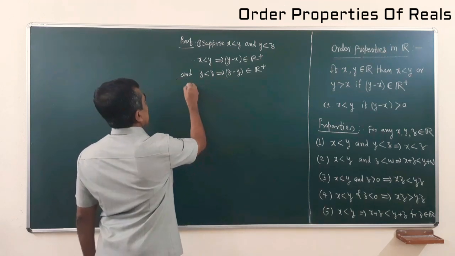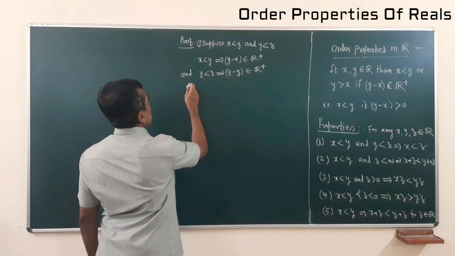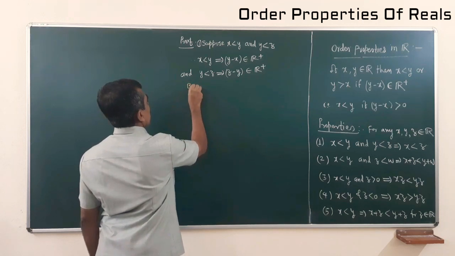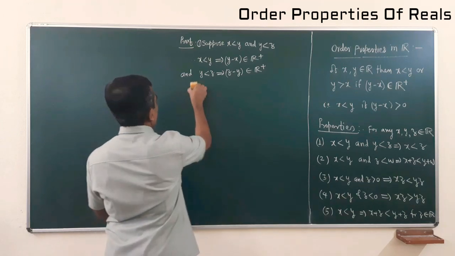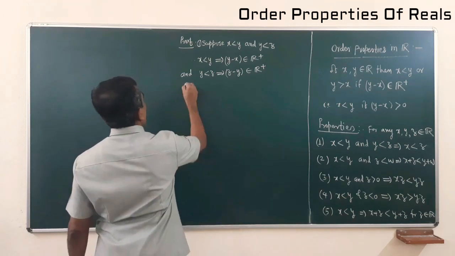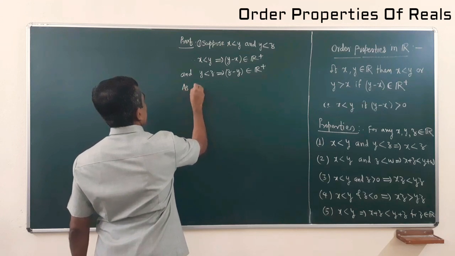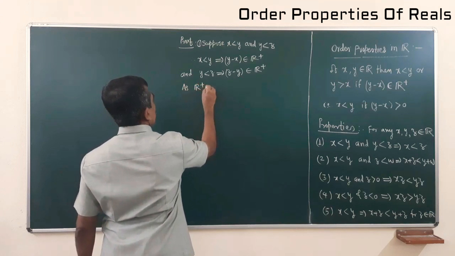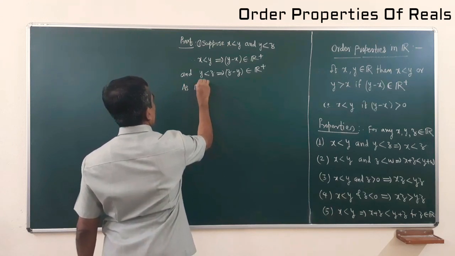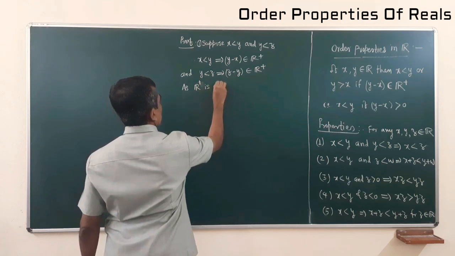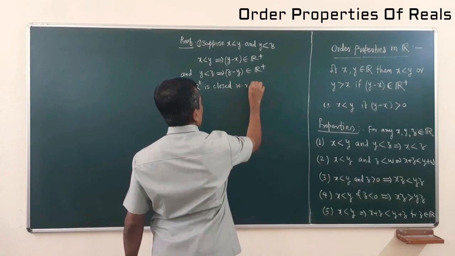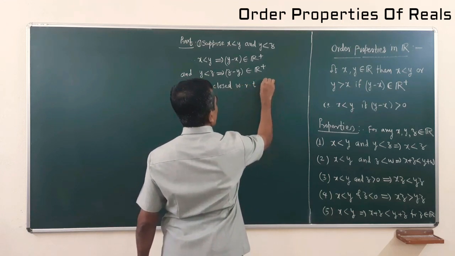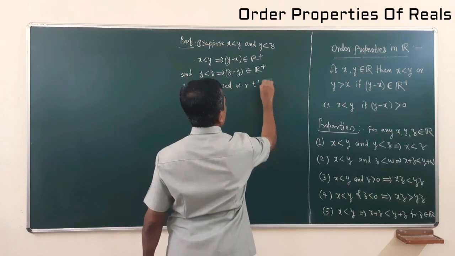So, alright, I will write as: R plus is closed with respect to addition.